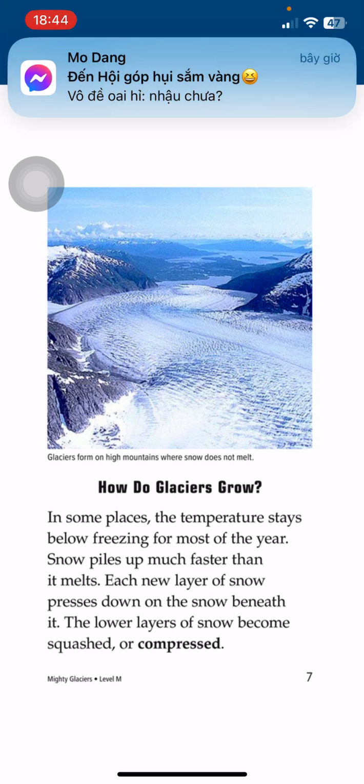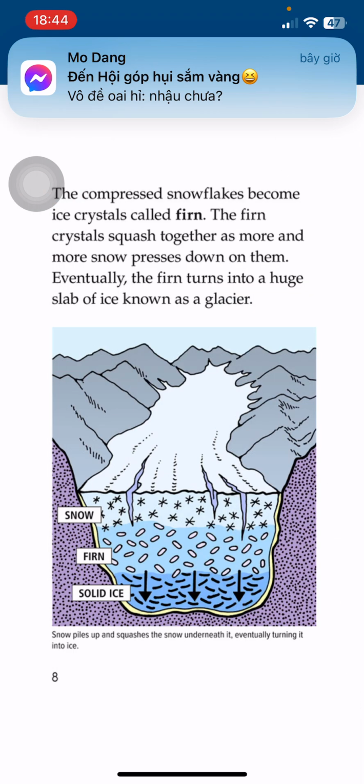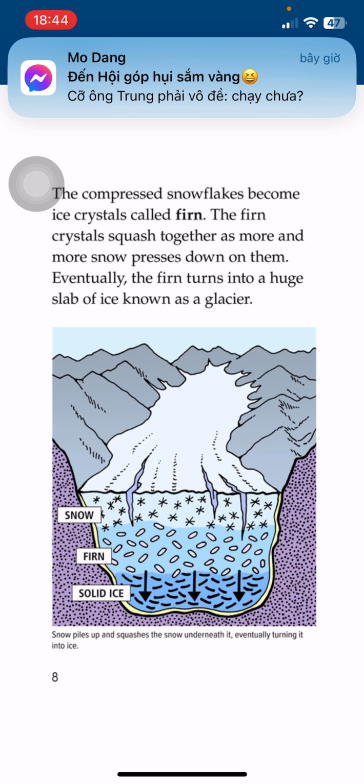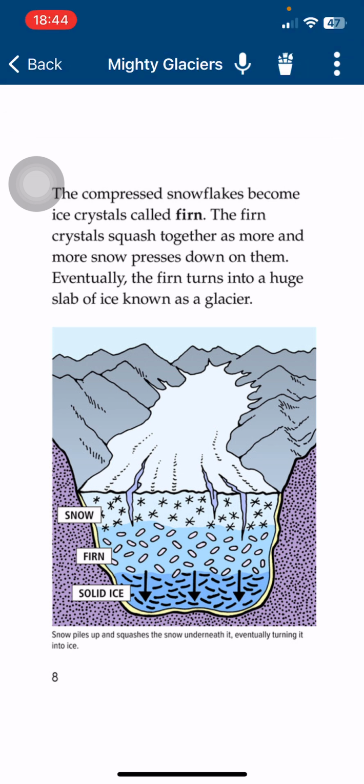The lower layers of snow become squashed, or compressed. The compressed snowflakes become ice crystals called firn. The firn crystals squash together as more and more snow presses down on them. Eventually, the firn turns into a hard slab of ice known as a glacier.